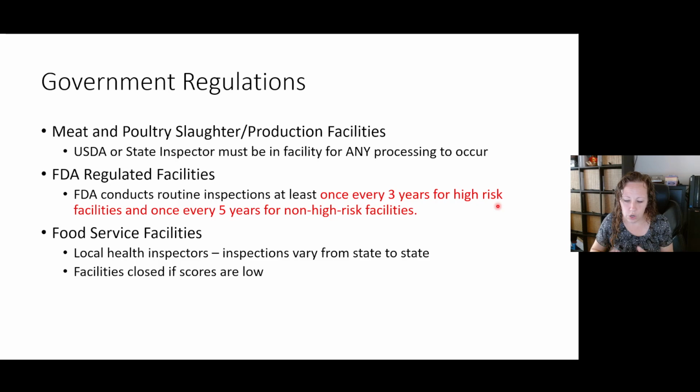You should know for each organism whether it is a bacteria, a virus, or a parasite. You should know the main sources of that organism, the main ways that it contaminates food, and which foods are particularly dangerous for each organism.